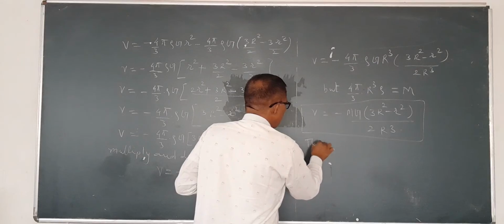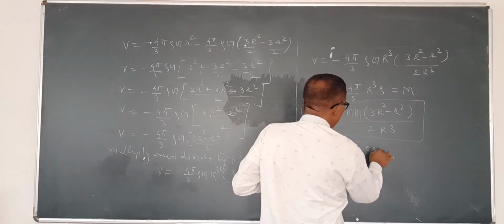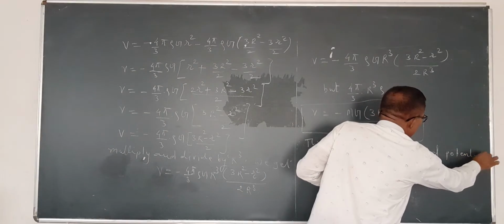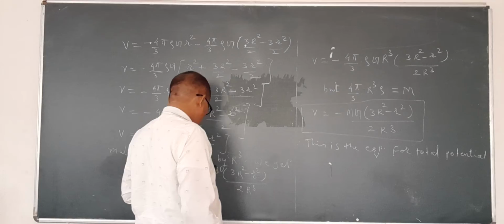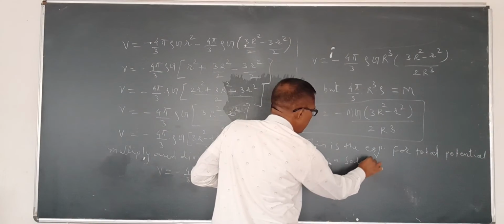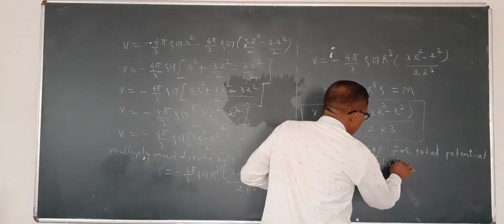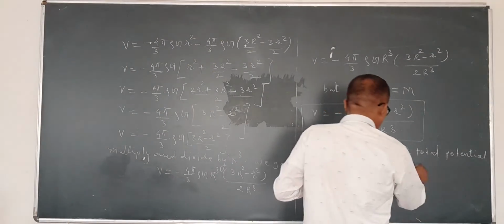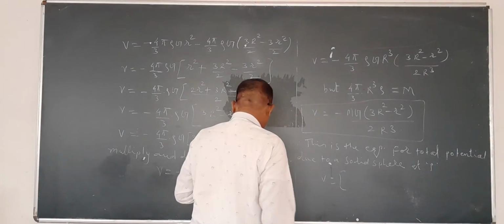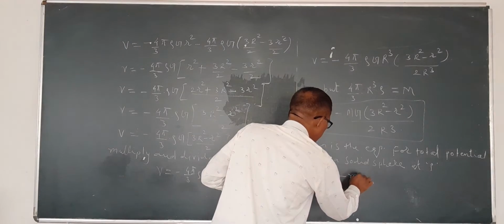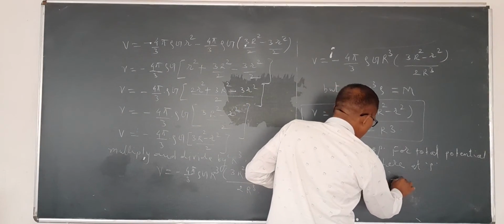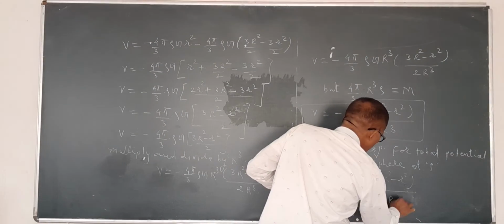This is the equation for the total potential due to a solid sphere at a point, which can be written as V equals minus mg into the bracket 3r square minus r square upon 2r.